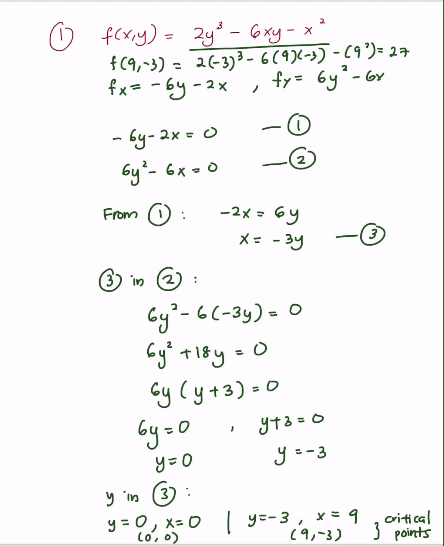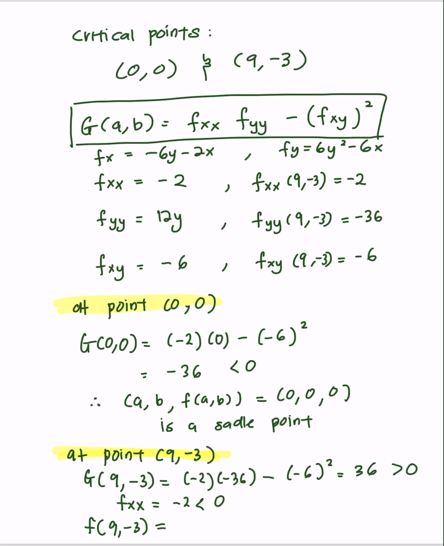Since G is greater than 0 and fxx is less than 0, we can say that it is a local maximum. Therefore the point (a, b) with a equal to 9, b equal to -3, and f(a, b) equal to 27, is a local maximum.